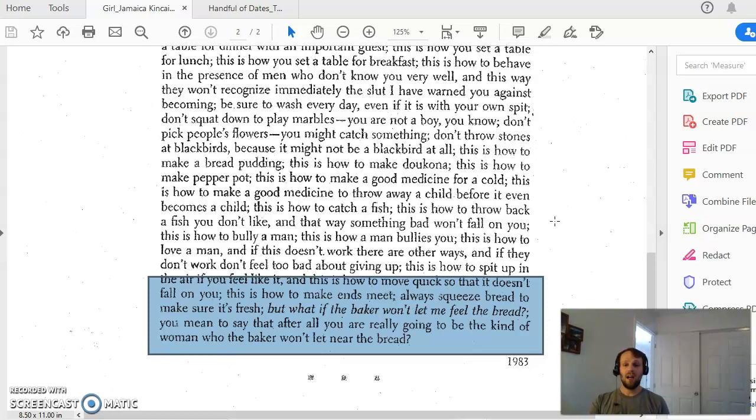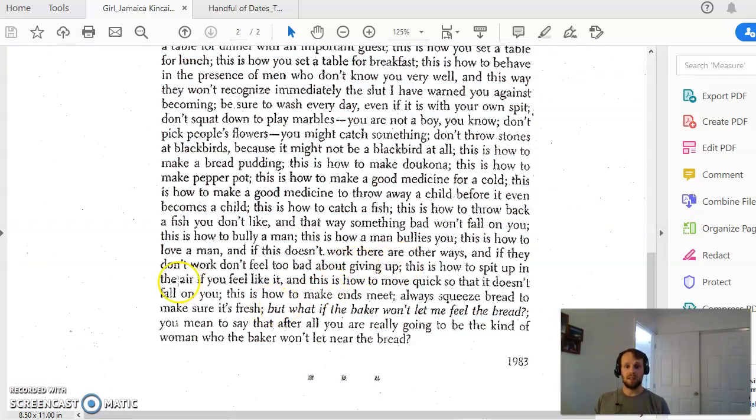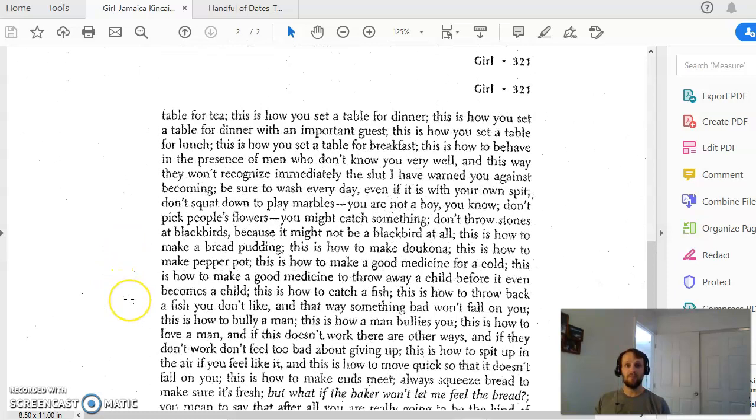If we're not just talking about a baker and bread here, how could this relate to relationships and finding a possible future mate or future husband? How does this relate? There are a lot of other examples here. "This is how to spit up in the air if you feel like it and move quick so that it doesn't fall on you." Obviously talking about some sort of consequences here.